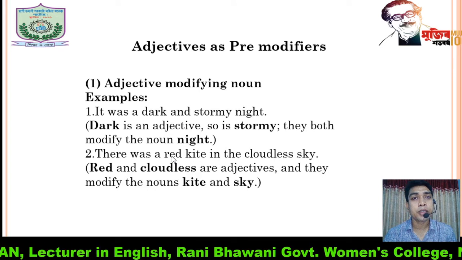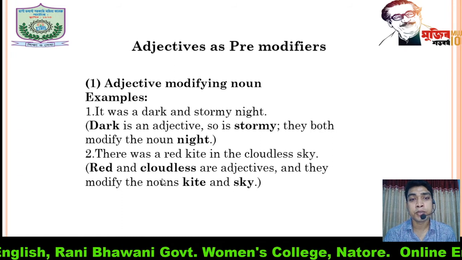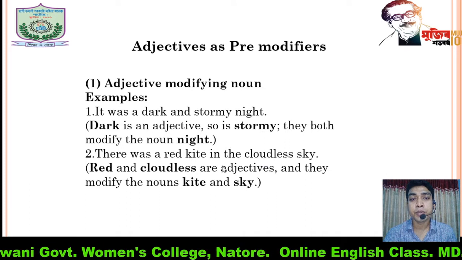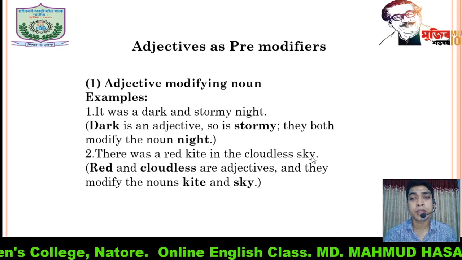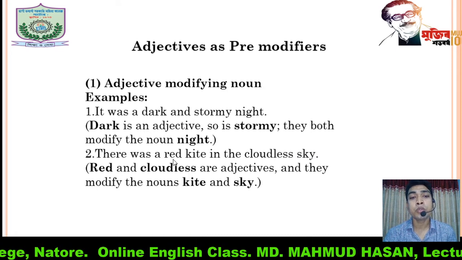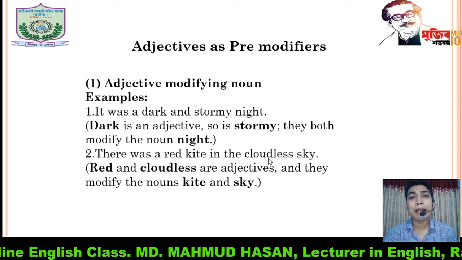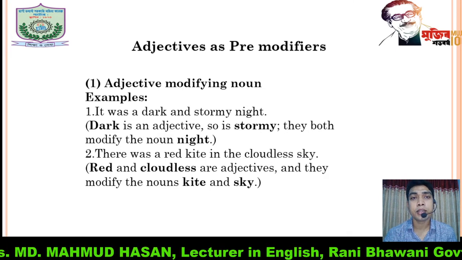Red is an adjective, cloudless is also an adjective. So both red and cloudless have been placed before the nouns kite and sky respectively, and both the words red and cloudless add more information about kite and sky.